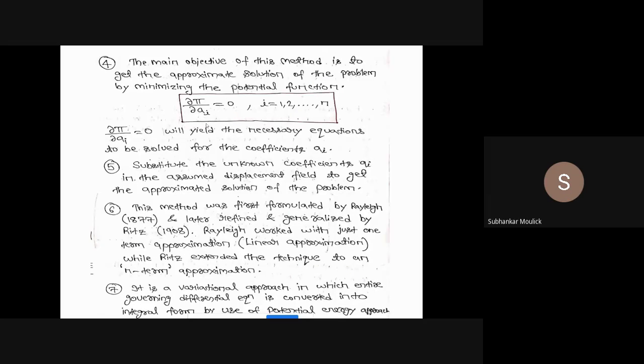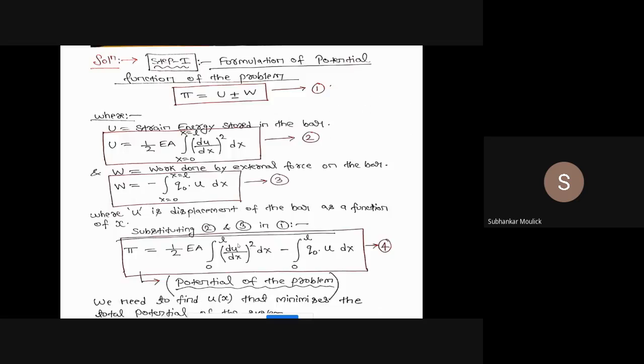You need to partially differentiate the potential function, that is pi, with respect to the unknown constants present in the potential function. If you see in this problem, how many unknown constants are there? A1 and A2. Two unknown constants. So two times I have to minimize this potential function pi. First time I will partially differentiate pi with respect to A1, and then equate it to 0.